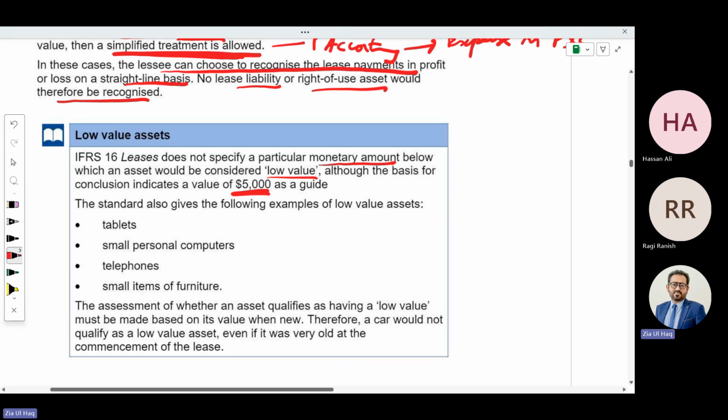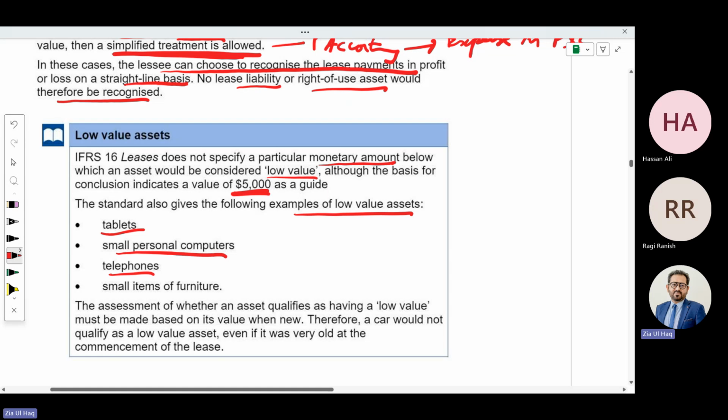The standard also gives the following examples of low value assets, meaning these assets are considered low value: tablets, small personal computers, laptops, not heavy computers, telephones.